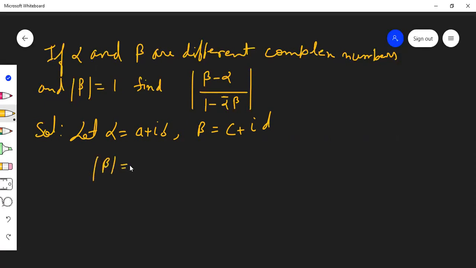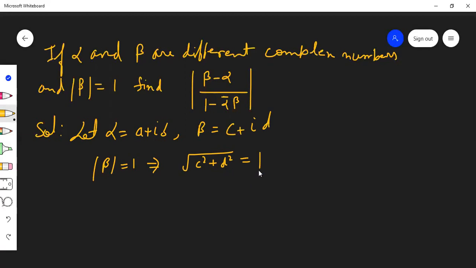Mod beta is equal to 1 will imply the square root of c squared plus d squared is 1, since beta is c plus id. So the real part squared plus the imaginary part squared is what mod beta is, and that is 1.